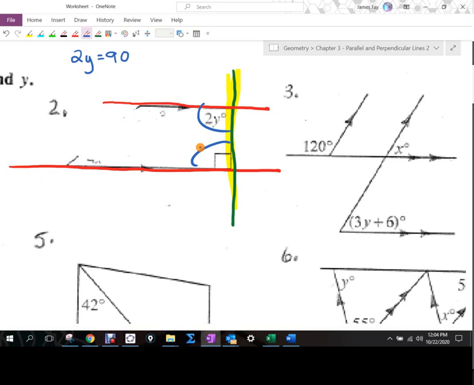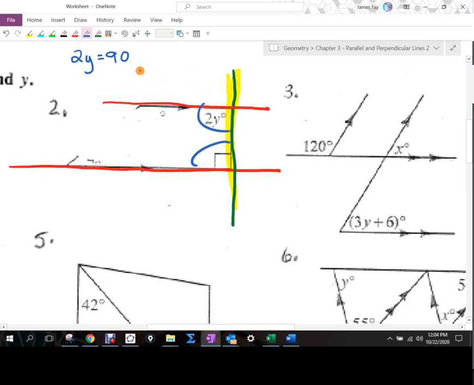So what is the feature between these two angles then? Same side interior, and if they're same side interior, what's the feature between same side interior from the theorem that we talked about the other day? Supplementary. Okay, so we got these two angles should be supplementary, right?